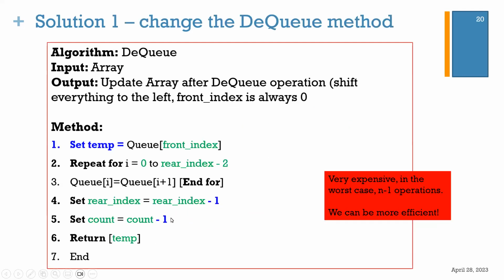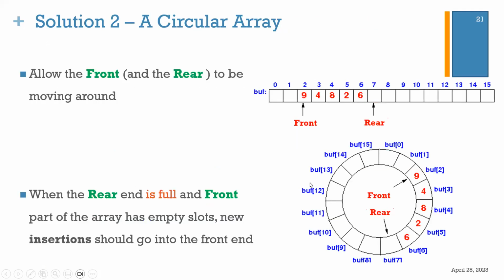This is the algorithm for shifting on dequeue: repeat from 0 to rear index - 2, and for each one shift the elements, so all available slots are kept at the rear. So if we try to enqueue, space is available. But this solution is very expensive and we cannot use it.